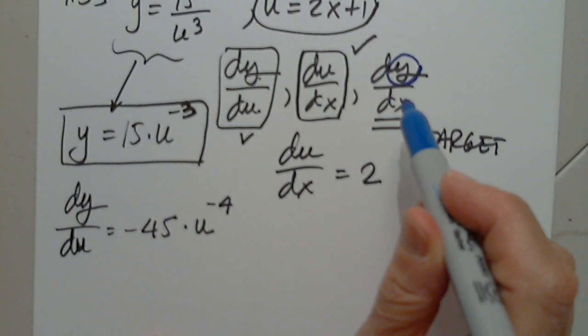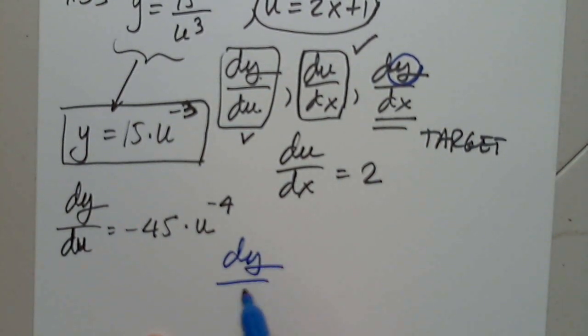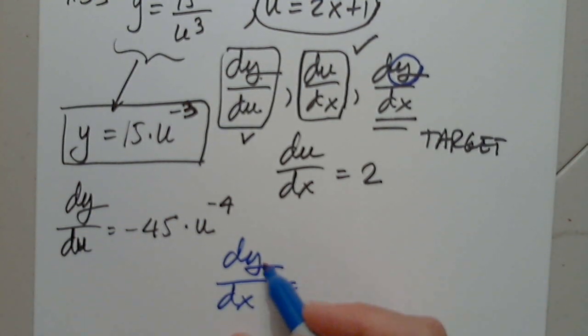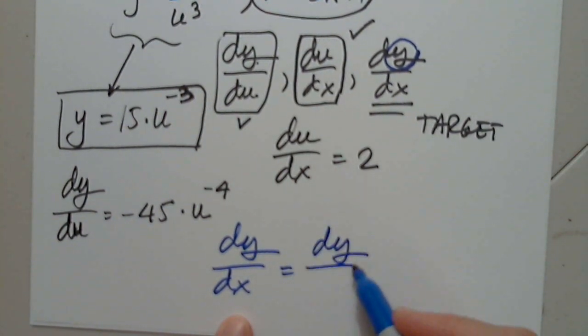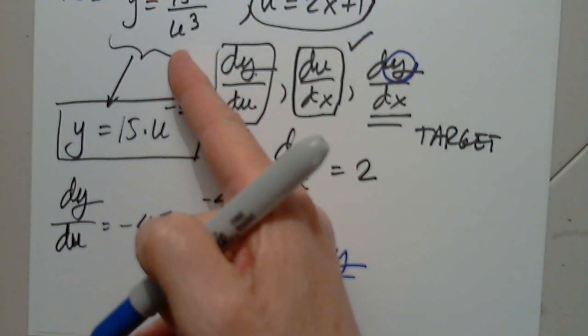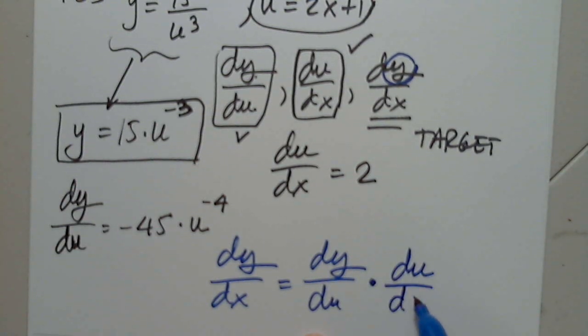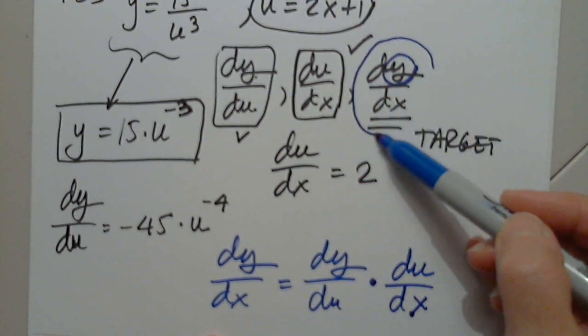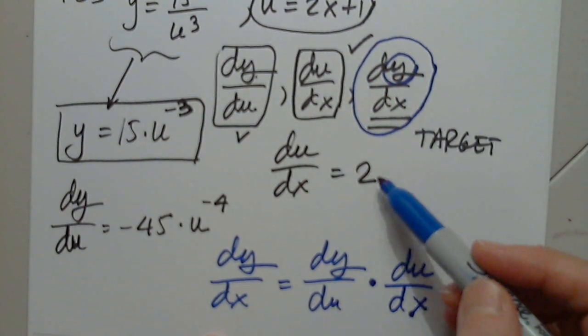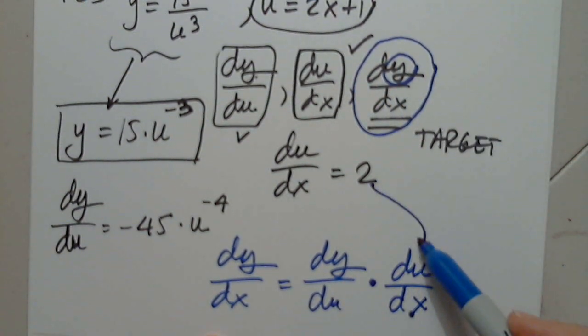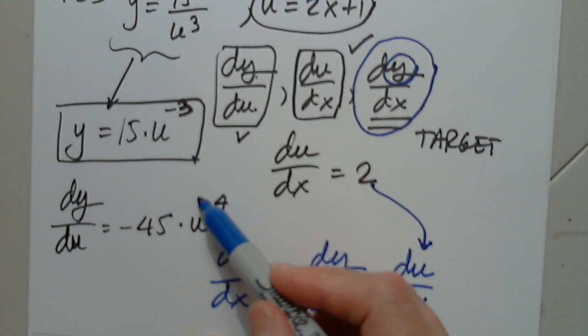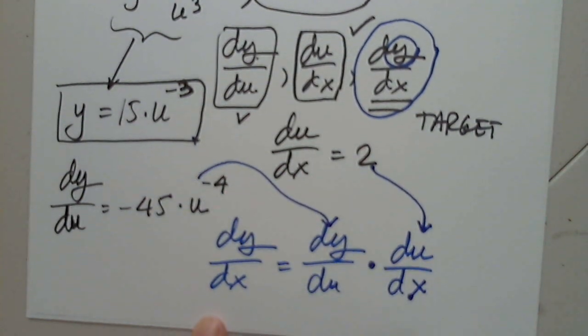So when I want to write dy over dx, I have to write dy over du first, because y is a function of u, multiplied by du with respect to x. So basically, this one is nothing else but the product of this and this.